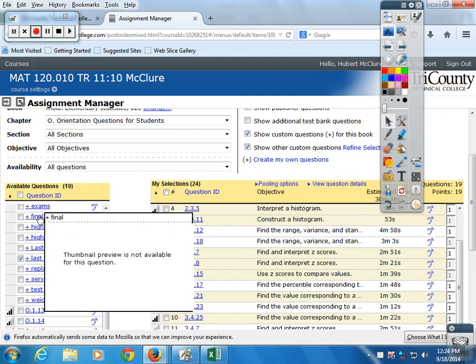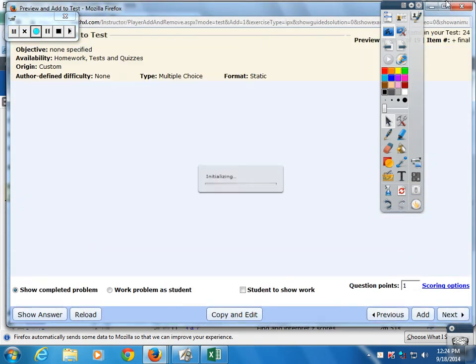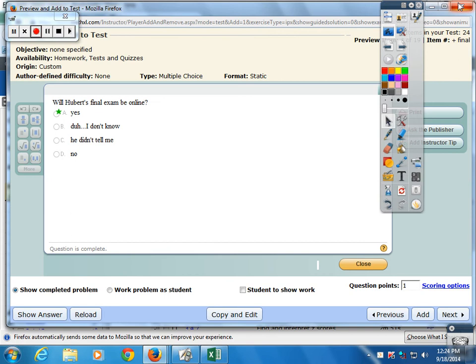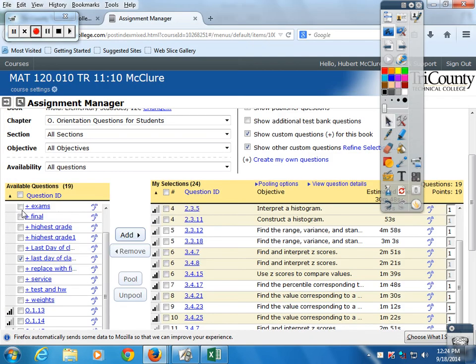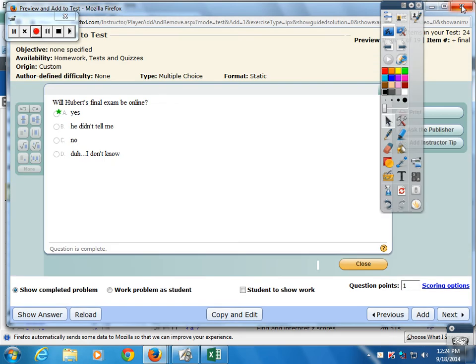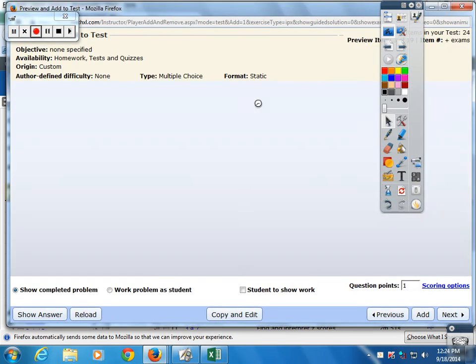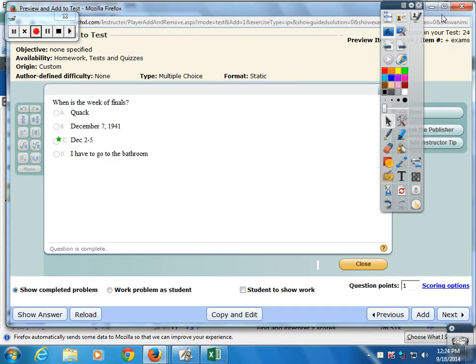Can't remember what I called it. Let me look at it. Nope, it's called Wow. That one? There it is. When is the week of finals? December 2nd, December 5th. 5th. Okay.